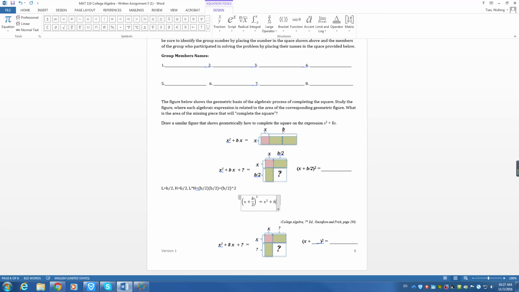Second is B over 2 times x. It's one of the green rectangles. We have another green rectangle, B over 2 times x. Then plus the question mark square. So plus the area of the question mark, which is B over 2 times B over 2, which I did in the previous line, which is B over 2 squared.